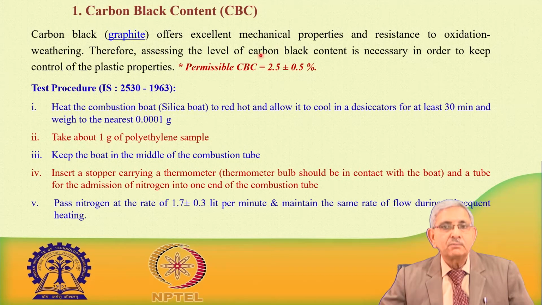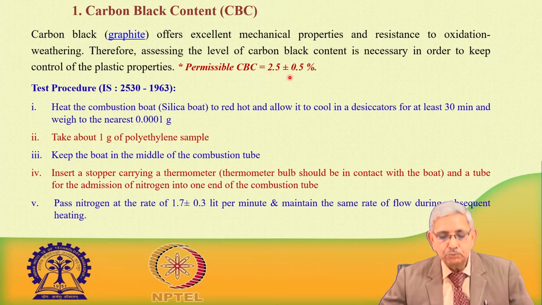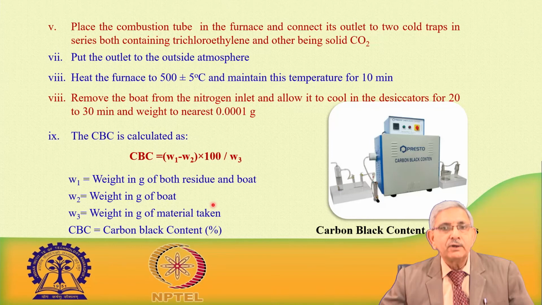The carbon black content permissible limit is given as 2.5 plus minus 0.5%. Now, the standard test procedure has been set in IS 2530:1963. One should use this test to know how much carbon black content is available.